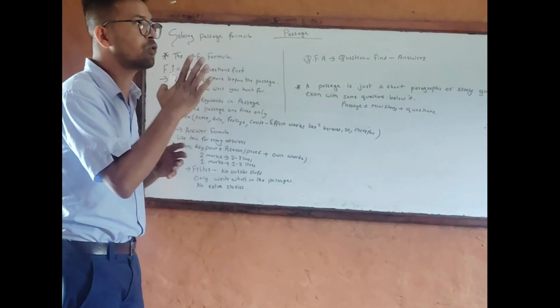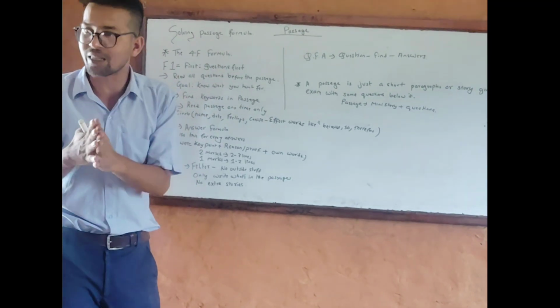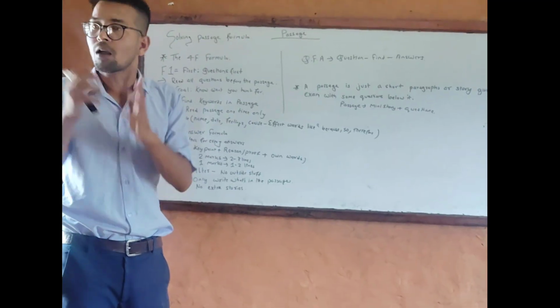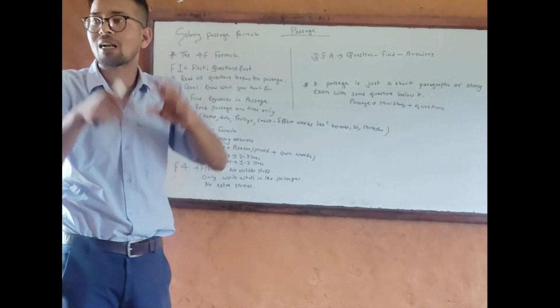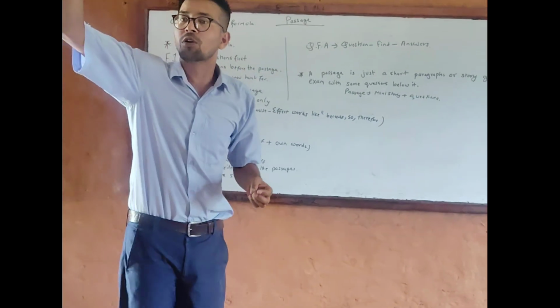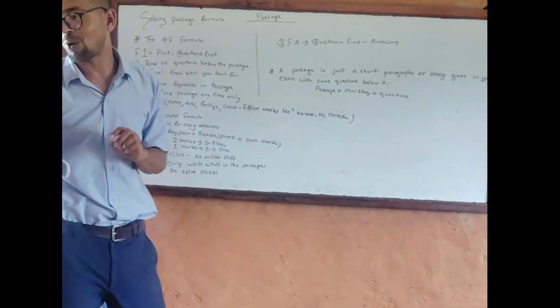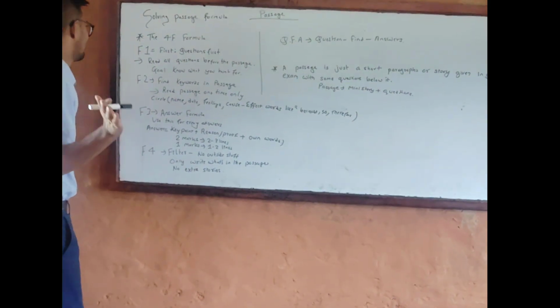This is the easy way. Don't read the passage first. Directly read the question at first. What you have to hunt, what you have to search for, you have to keep in mind. Remember inside your brain what that question is asking. Understand what I mean, everybody? First read the question.